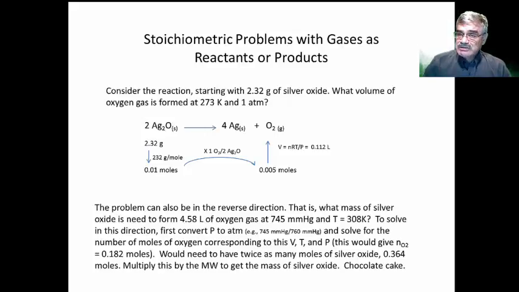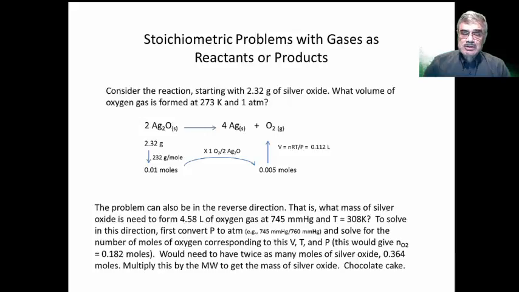So that we determine that we started with 0.01 moles of silver oxide. All right, so if we started with 0.01 moles of silver oxide, how many moles of oxygen gas would we form? That's right, we look at that stoichiometric relationship. One oxygen molecule formed for every 2 silver oxides that we start with.